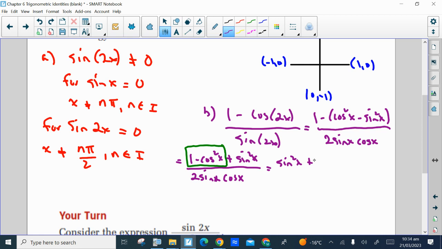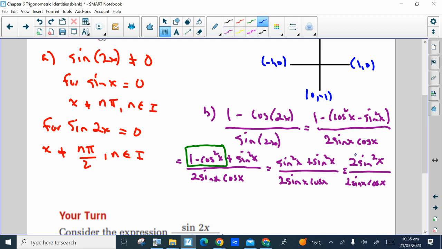Plus another sine squared x is going to give us 2 sine squared x on top. And now we can do some canceling, because now we have a single term on top and a single term on the bottom.